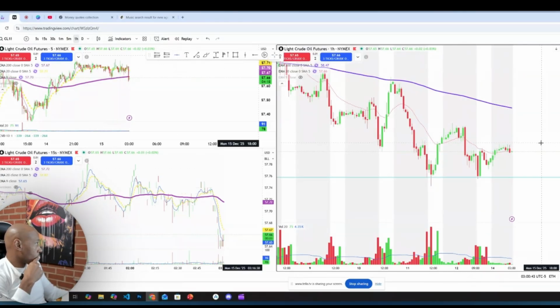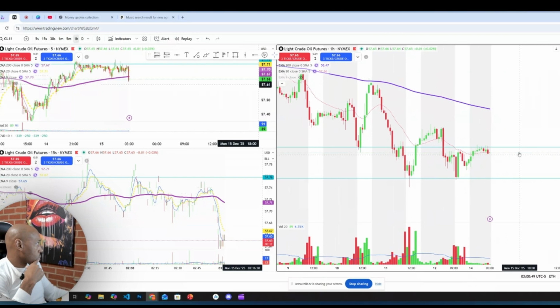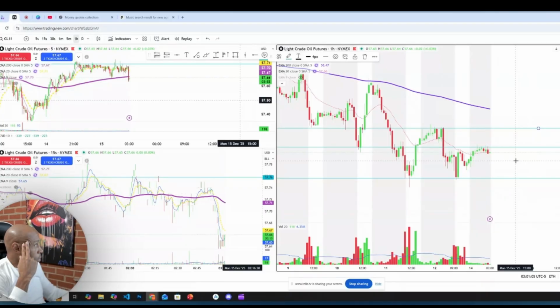Like that one. I definitely like that level. I doubt price reaches that today, especially if it does, not within the 2 hours I have to trade before I go to work.